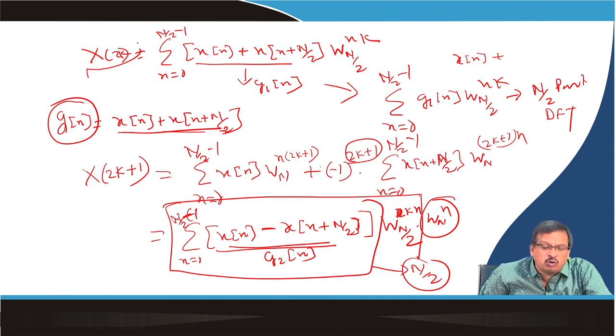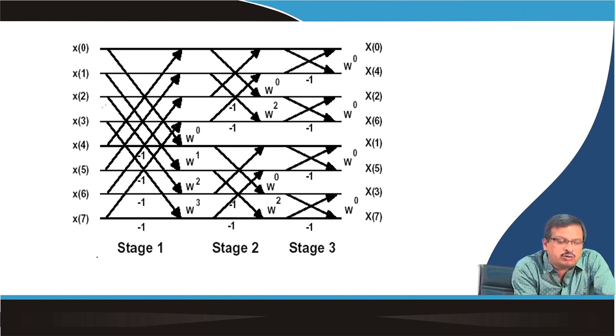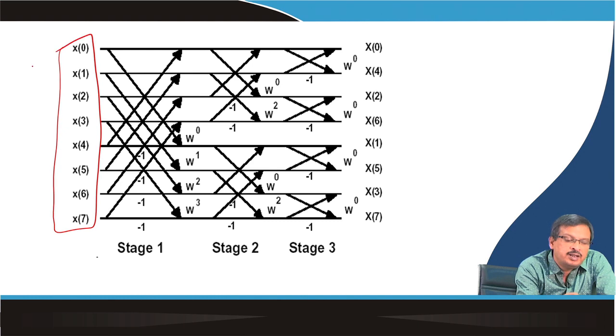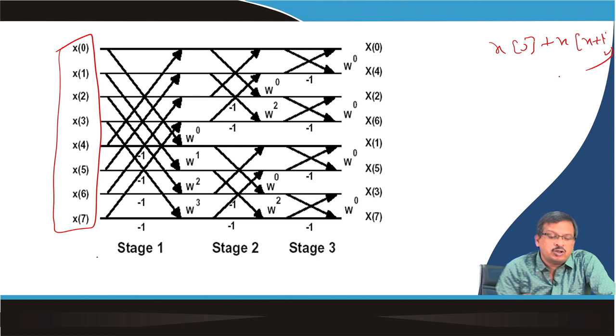So, if I want to draw the signal flow diagram, I have x0, x1, x2. Here I am not decimating the signal. The signal is accessed as per index, x(0) plus x(n plus N/2). Okay. So, see how the signal flows. When I compute decimation in time, my signal flows from this side to this side.